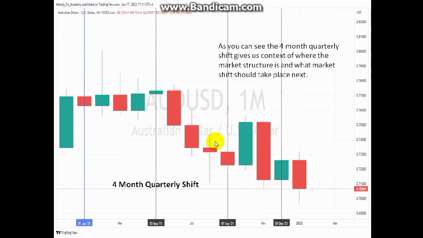So the 4 month quarterly shift gives us the context: during the first 4 months of the year, price was consolidating, price was in an equilibrium state. So we consolidated, then we saw a forced move, a run on liquidity, then an expansion, a retracement, an expansion, then consolidation into the new year, which is the current year we are in right now.